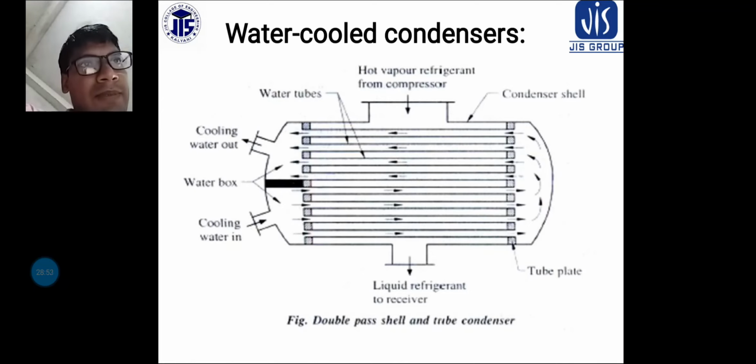This material forms deposits inside the condenser tube, called water fouling, and the fouling or scaling factor represents the resistance offered by the scale or fouling to the heat flow from the refrigerant to water. The fouling factor is the reciprocal of the heat transfer coefficient for the material of scale.